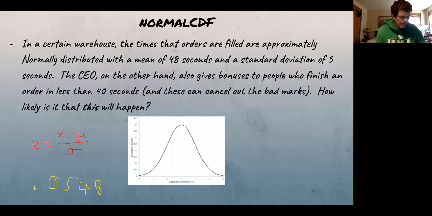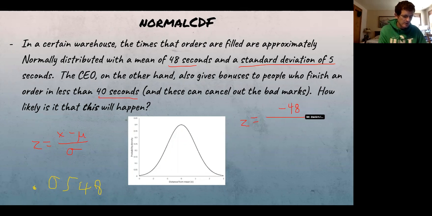So 40 seconds, we want to find out how rare is that, to finish an order in less than 40 seconds. So we have a mean and a standard deviation of 5. First of all, I just wrote the z-score formula here, but I want to fill in my mean and the standard deviation.